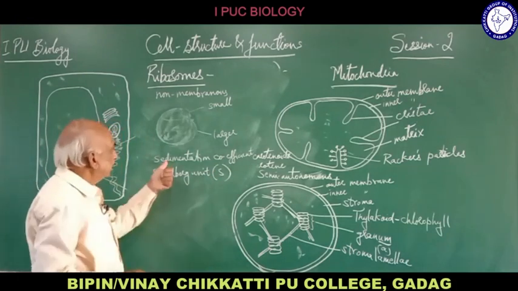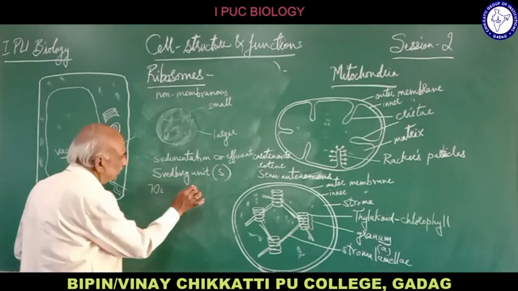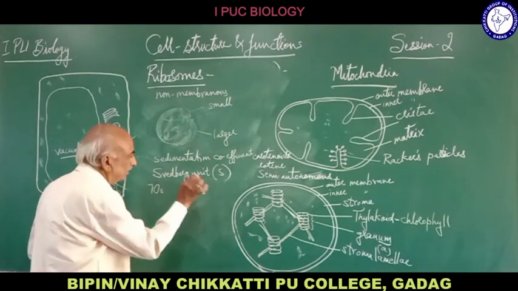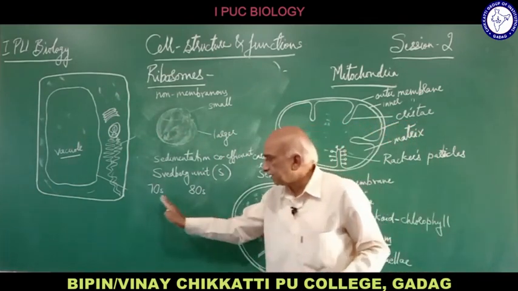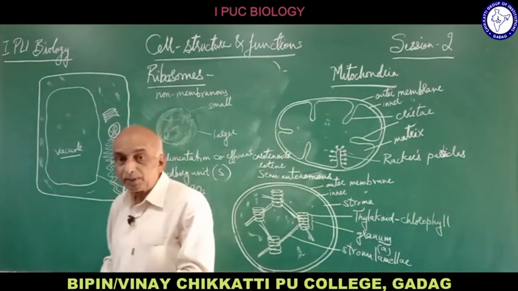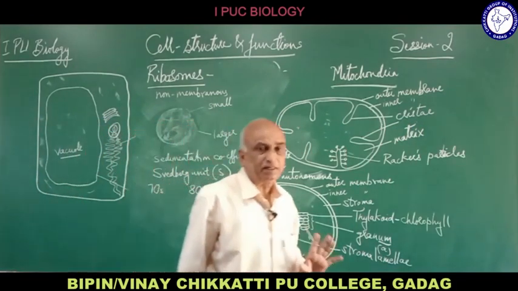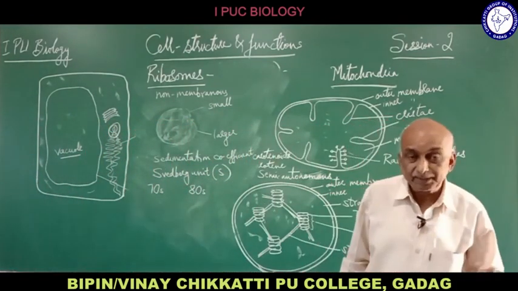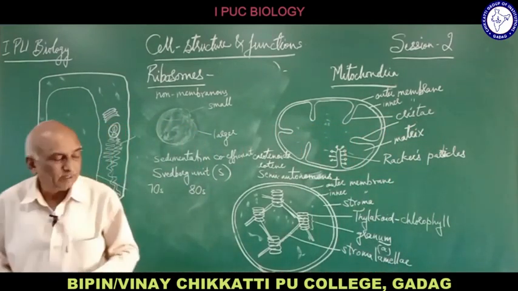That is why in prokaryotes there are 70S ribosomes, and in eukaryotes there are 80S ribosomes. When we write 70S and 80S, it refers to Swedberg units, the sedimentation coefficient of the ribosome measured in the centrifuge, which reflects the size of the ribosome.